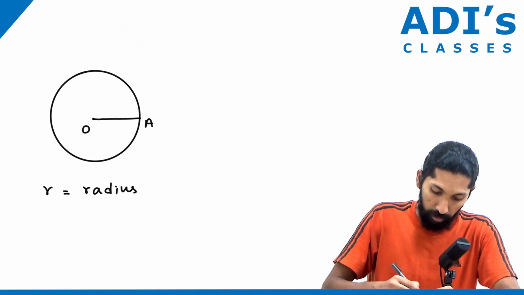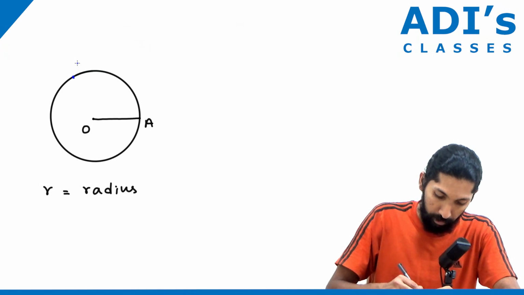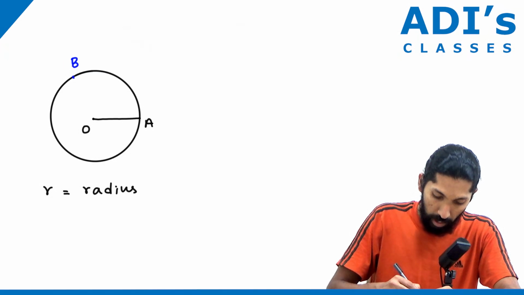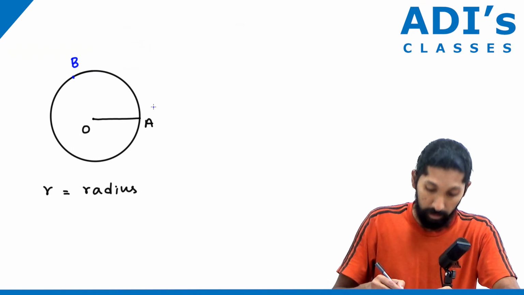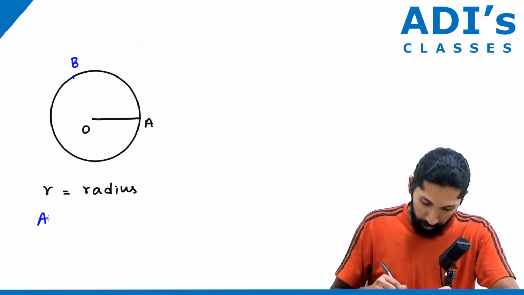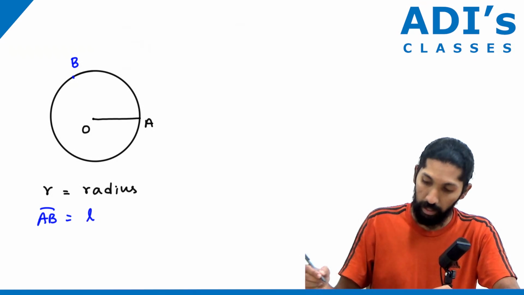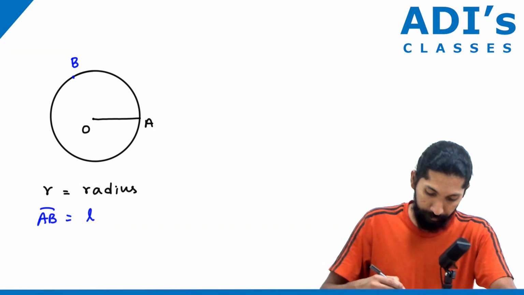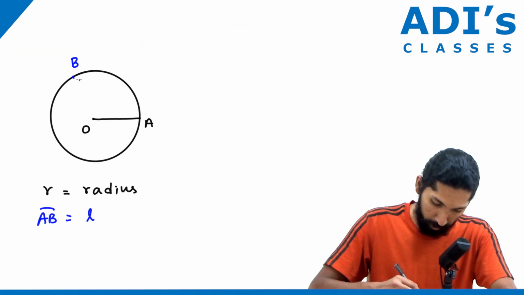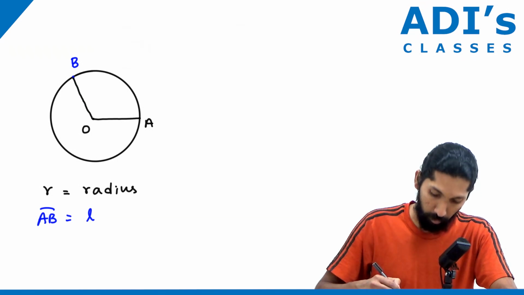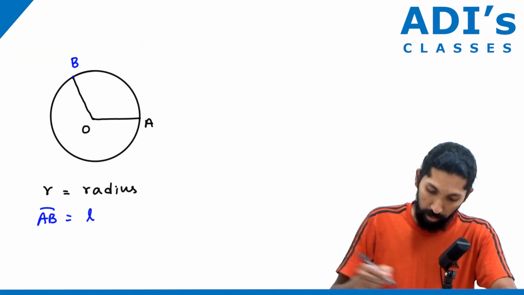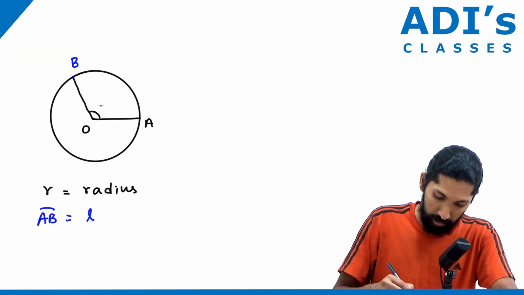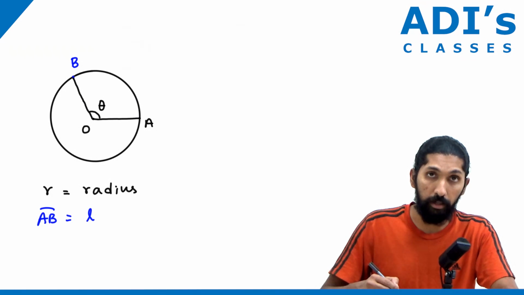Say we look at some point B here. See this arc length AB. Let's call it L, or you can say SL, it's up to you. Then we'll join OB. The angle it subtends here, let's call it theta.